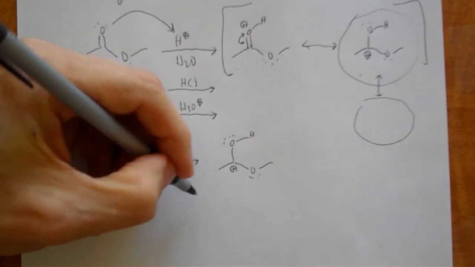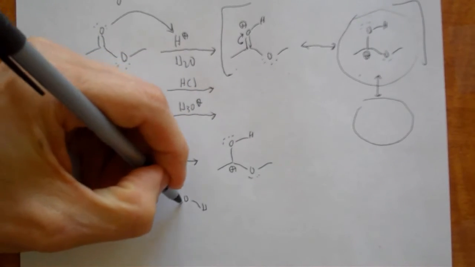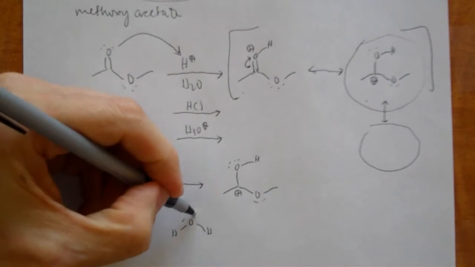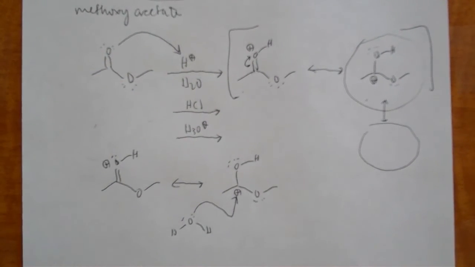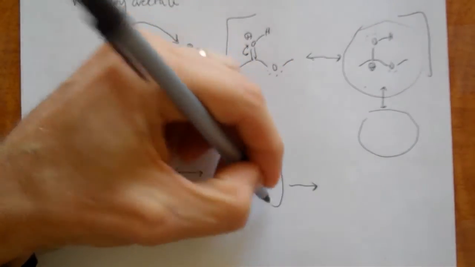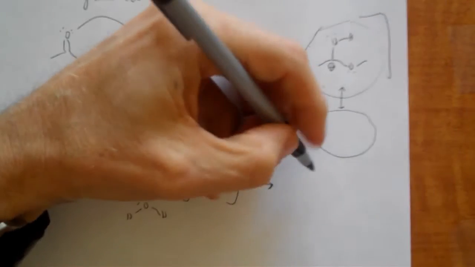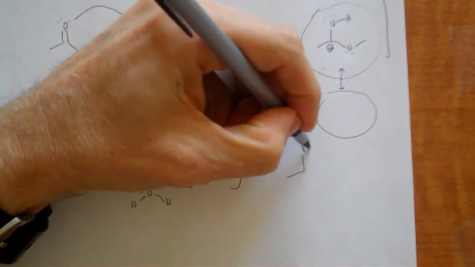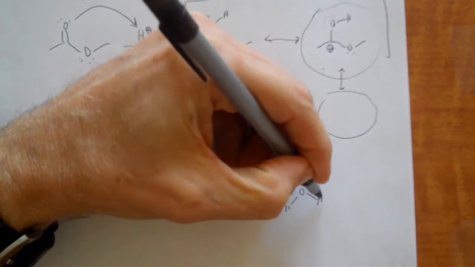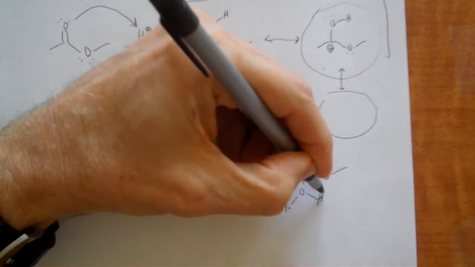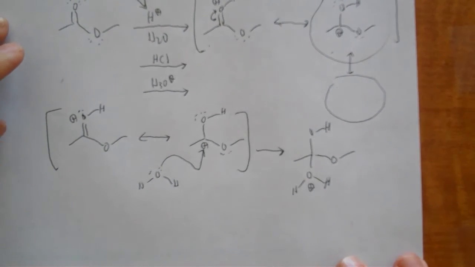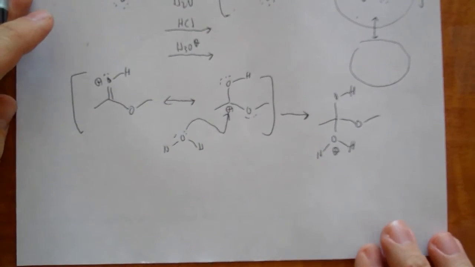A water molecule comes in, and if you have a water molecule coming in, where's it going to attack? Boom. It's a resonance structure, right? And what do you see happening here?